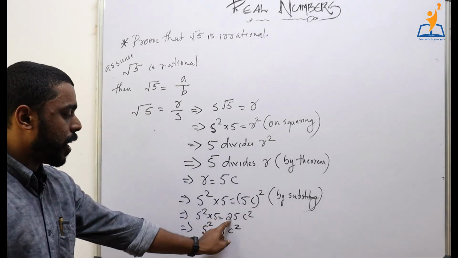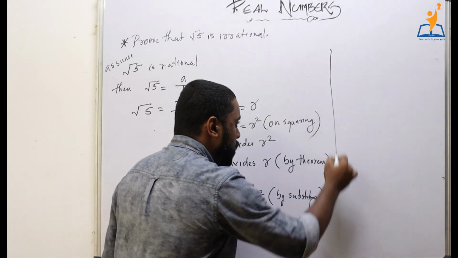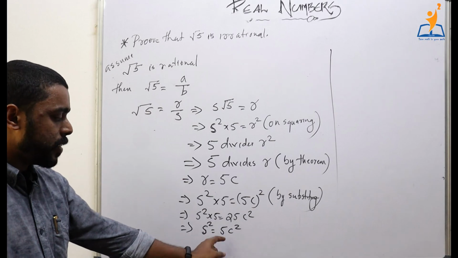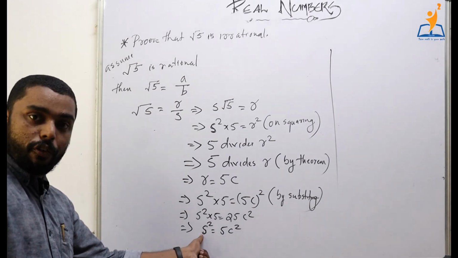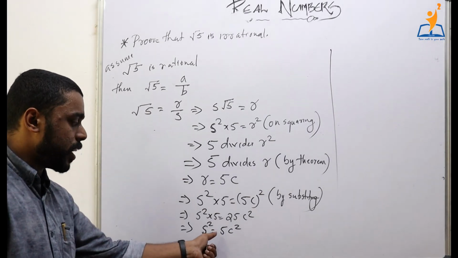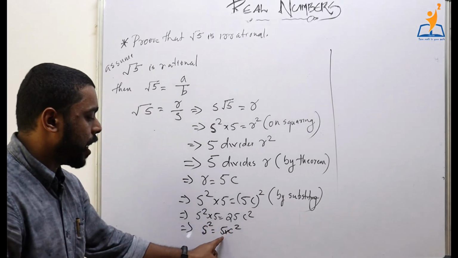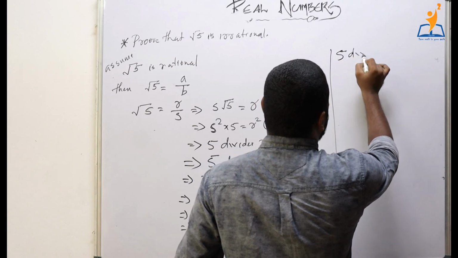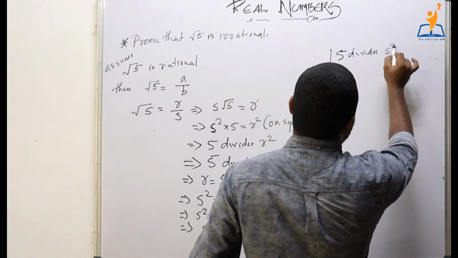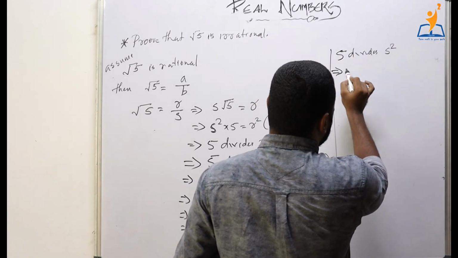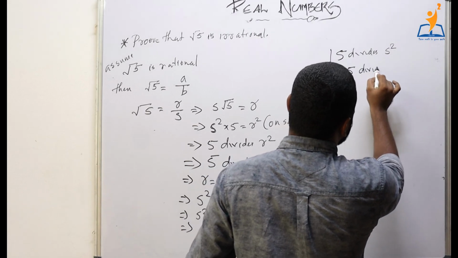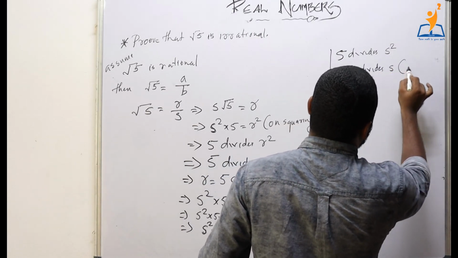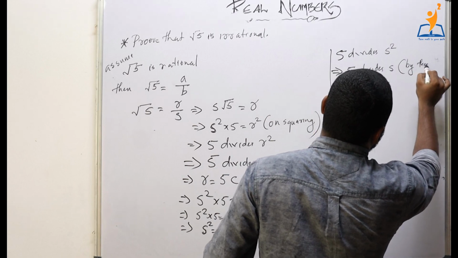We cancelled 5 from both the sides. So 5 divides s square, since s square equals 5 into c square and 5 is a factor of s square. So 5 divides s square, which implies by our theorem 5 divides s.